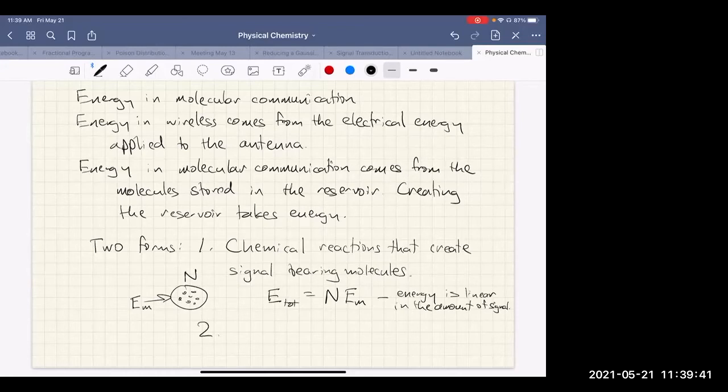Second, let's suppose you were clever and you thought, well, I'm actually not going to create a reservoir by chemical reaction like this. In order to load up this reservoir, I'm going to do something clever. I'm going to start in the environment.